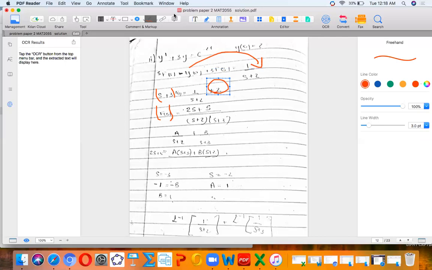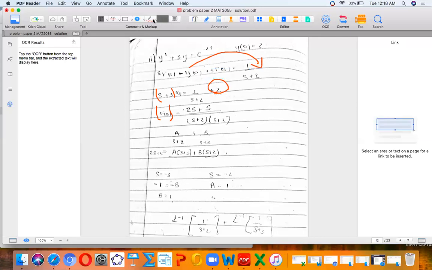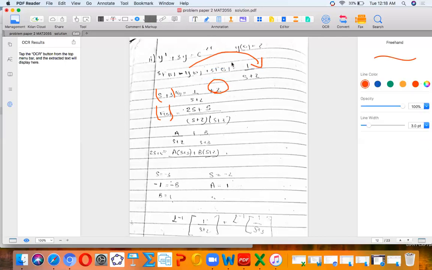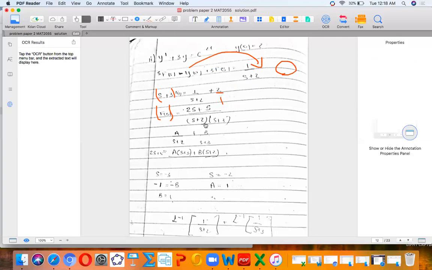Now, the next step, I am going to put this over 1. There's a lot of things happening here, guys. A lot of things. So you find the LCM of this. So LCM of s plus 2 and 1 would be s plus 2.